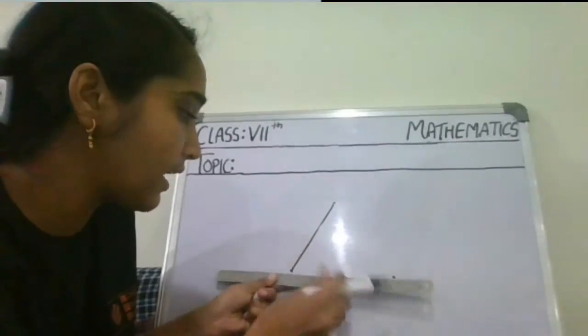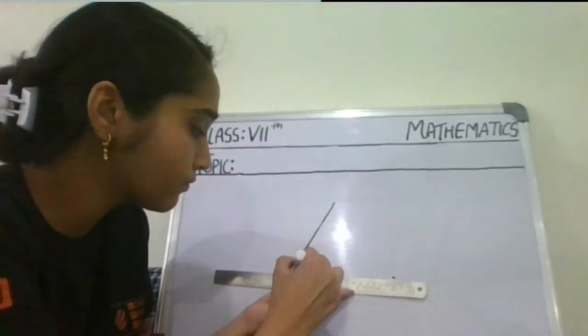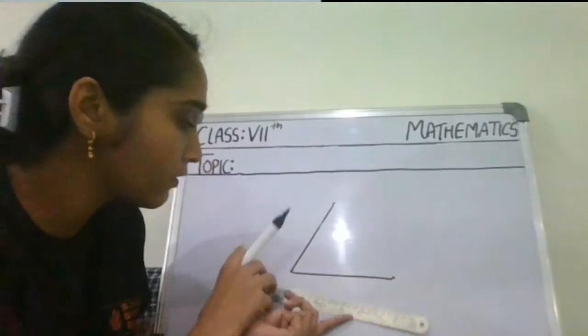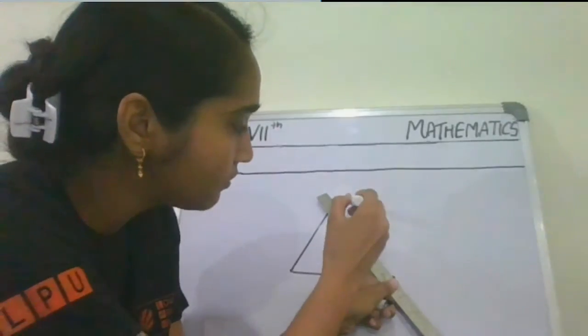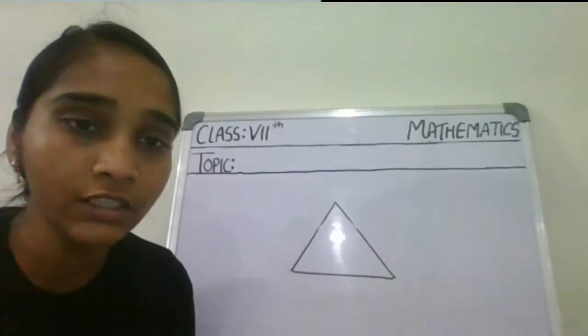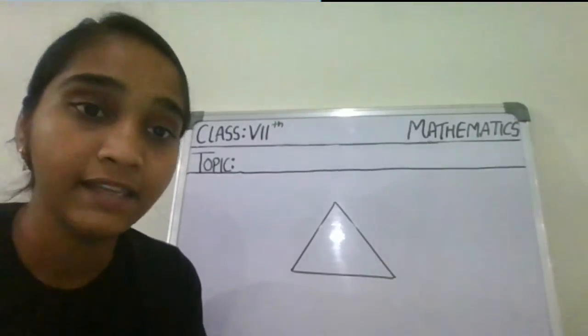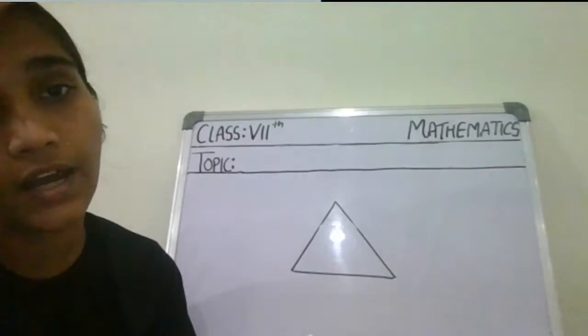Yes, I'm drawing the lines by joining the points. Similarly, the third one also. So students, what have we got? Yes, a triangle, as we have discussed in our last class. We have got a triangle.